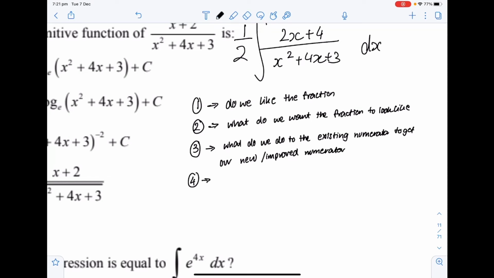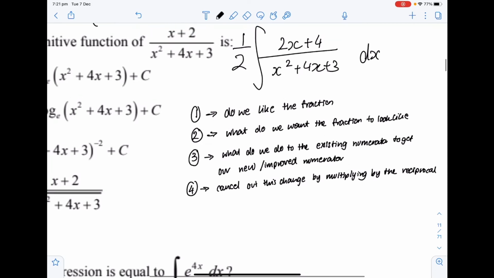So our next step is to cancel out this change by multiplying by the reciprocal, right? The reciprocal of 2 is 1 over 2. So we multiply it by 1 over 2, and we keep our 1 over 2 on the outside of our integral.